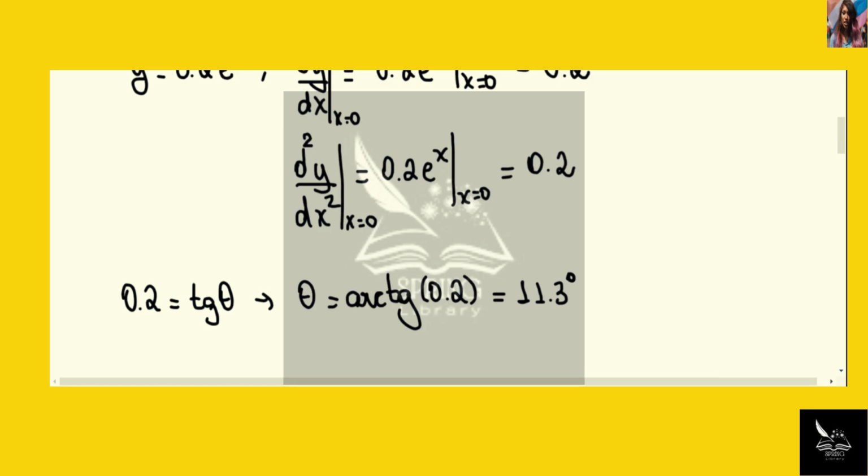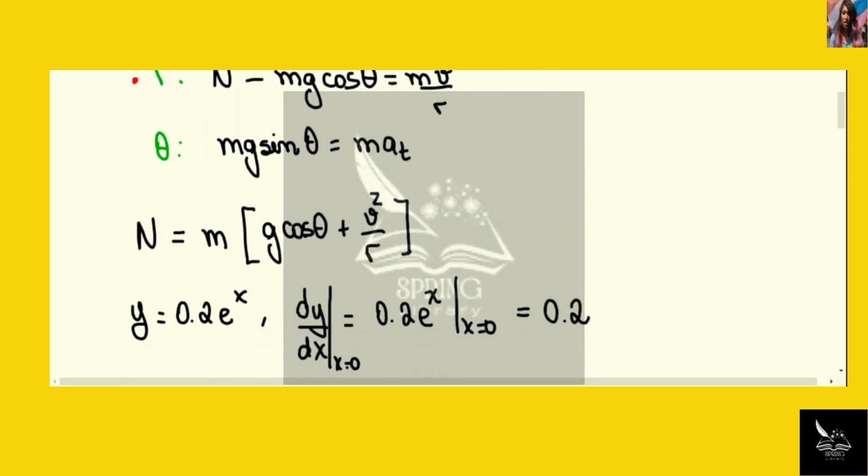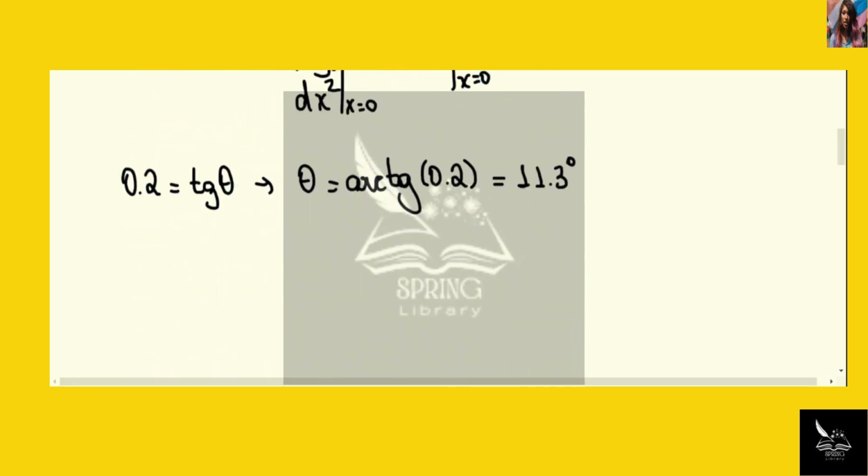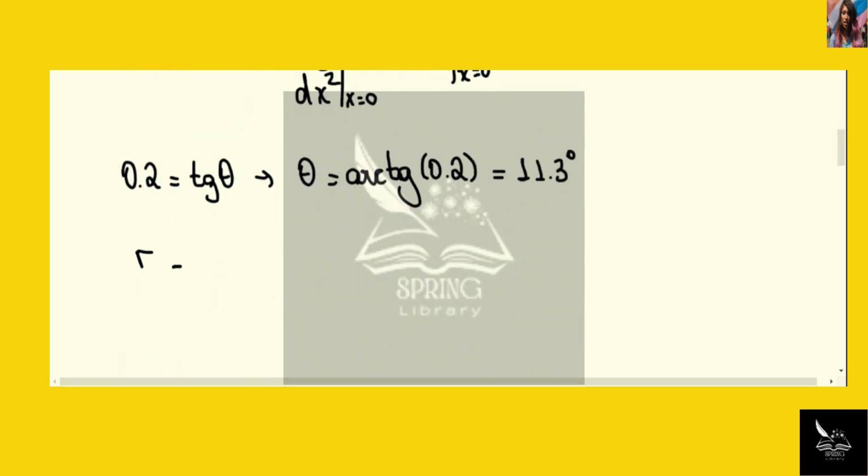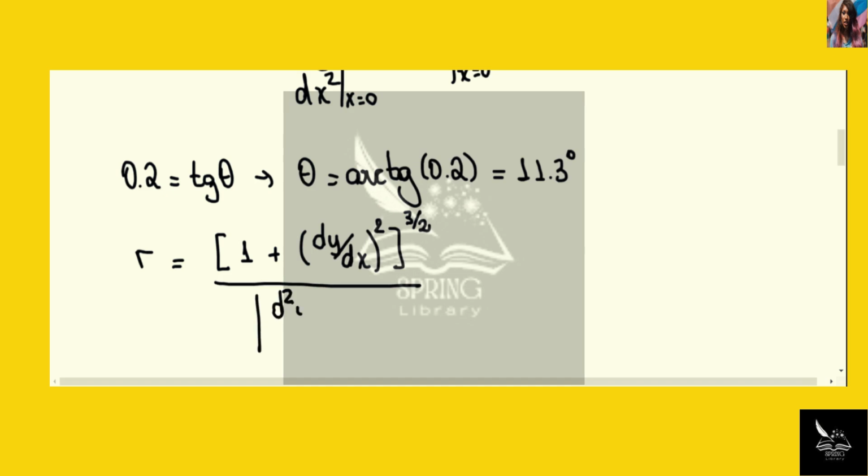Okay. So now we have theta. Another thing that we need is the radius of curvature r. So let's find this. Remember, according to the formula that I wrote before, r is (1 plus (dy/dx) squared) to the 3/2 divided by the magnitude of d2y/dx2.